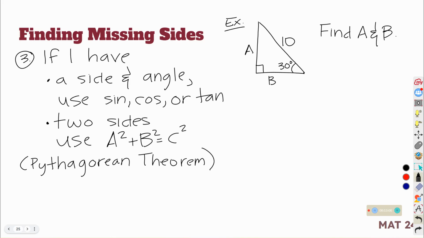And I'm asked to find a and b. Are a and b sides or angles? Sides. I'm asked to find some side lengths, right? These are the things in the picture that I want.